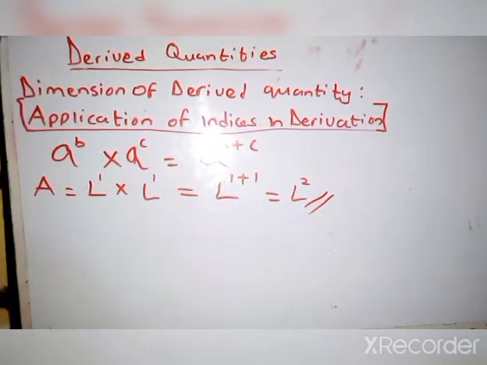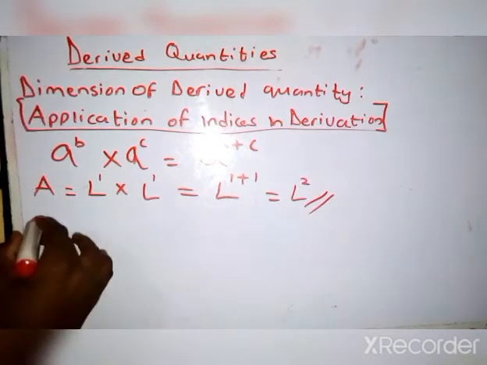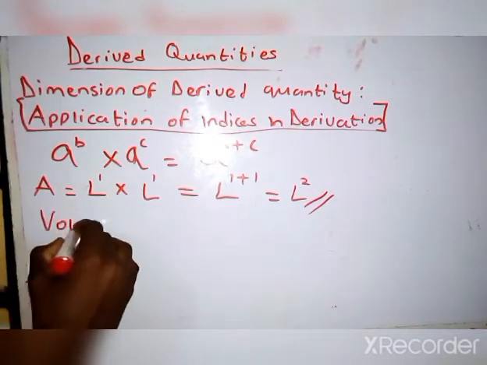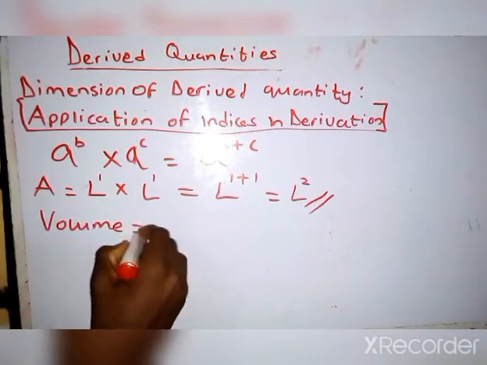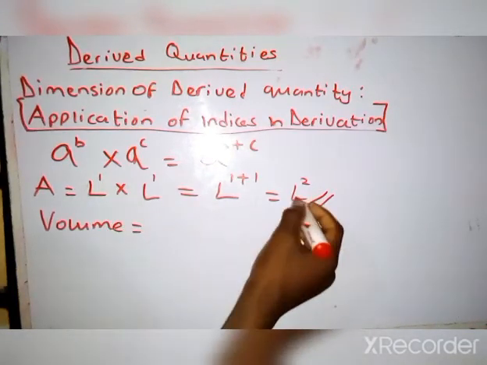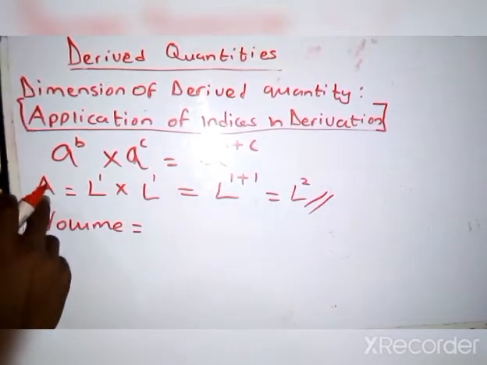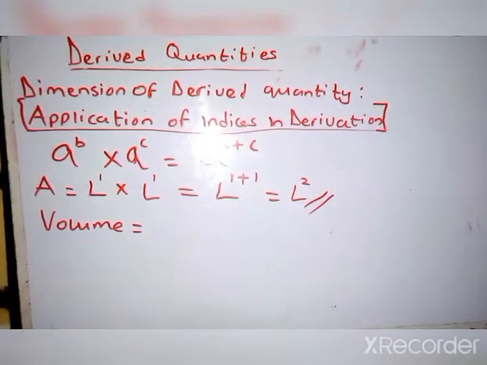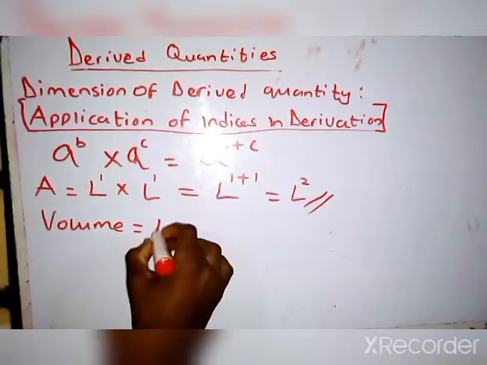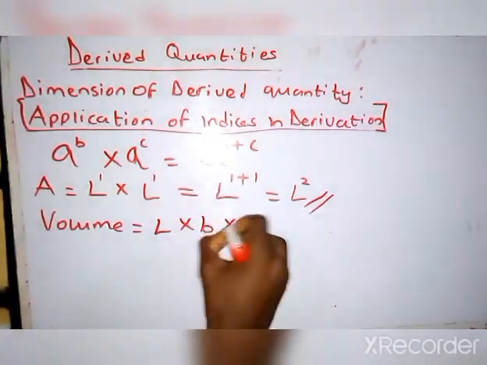We also use it when we have volume. The dimension for this is the dimension for area. For volume, we have length times breadth times height.